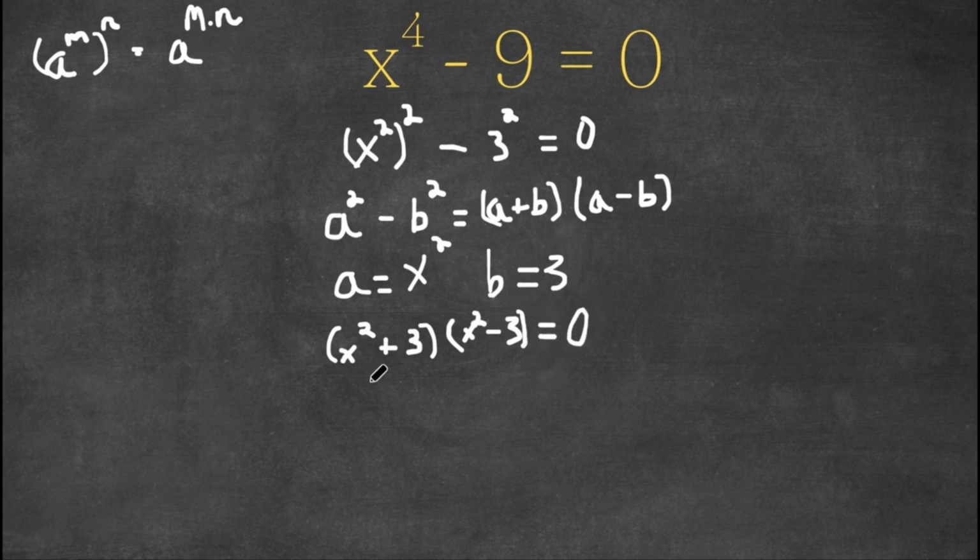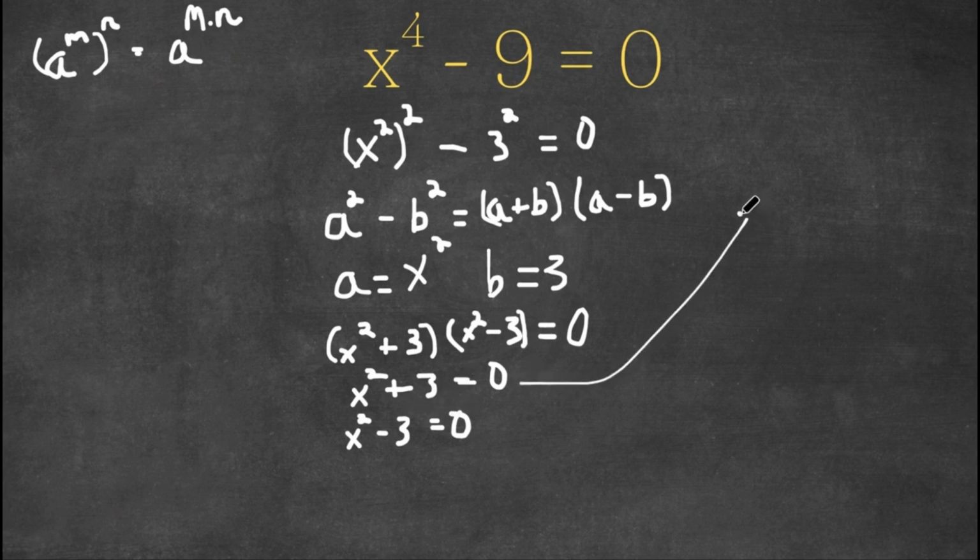And now this gives us two equations. We have x squared plus 3 equals 0, and x squared minus 3 equals 0. So for x squared plus 3 equals 0, we're going to subtract 3 on both sides.